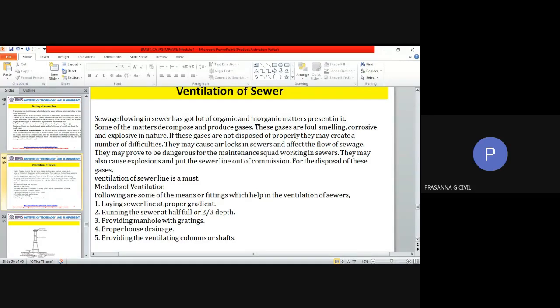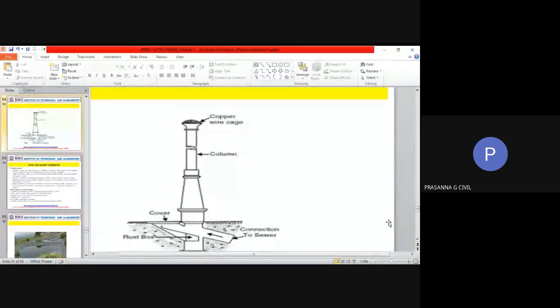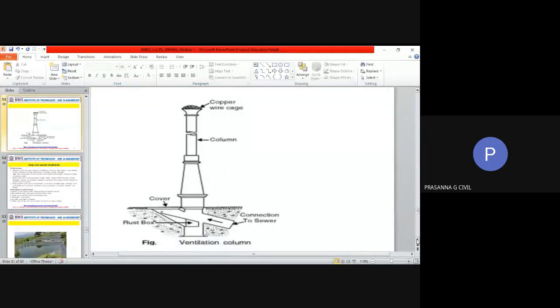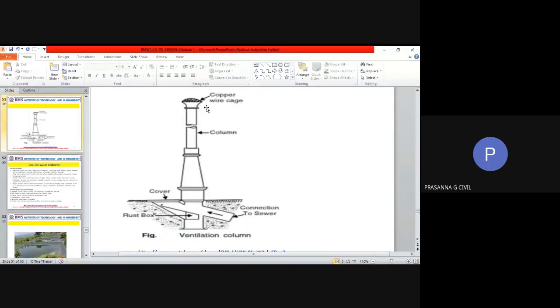And then providing ventilation for shafts. Sometimes ventilation shafts are installed along the pipeline. I've got a figure at the bottom of this, which shows the way in which ventilation can be taken care of. You can see a structure like this, probably in your individual houses also. For the house we call that a cowl.